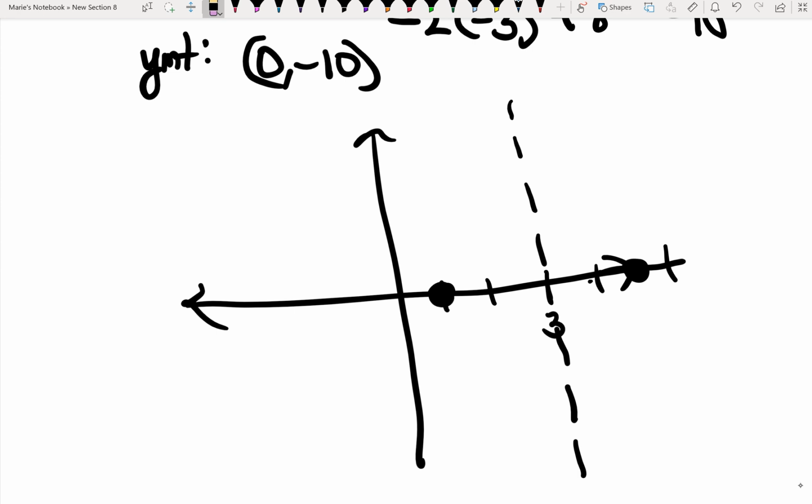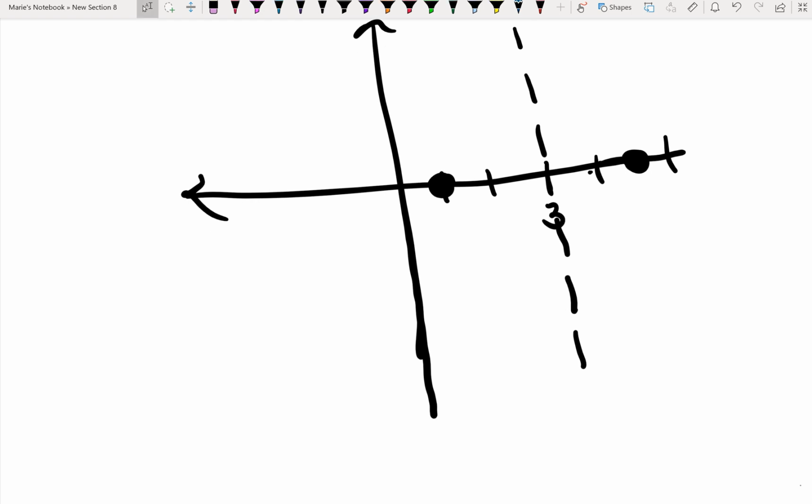Let me see if I can clean this up a little bit. I'm going to need a little bit more room here, so I'll draw this a little lower. All right, so let's assume -10 is down here. So this would be 0, -10. Okay, and so if it's equidistant, notice that from here to here, I've got a 3-unit jump.